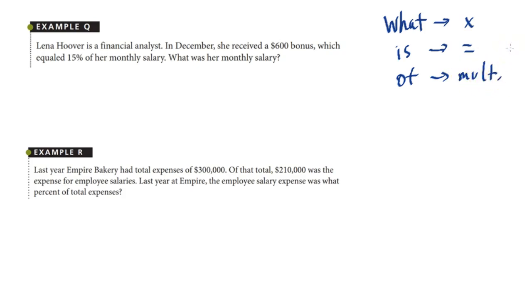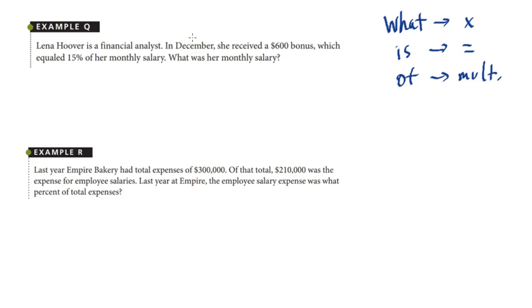Okay, so now we're looking at two application problems where it's not necessarily in that exact form we're looking for, but we have to read it and interpret it into a form similar to what we saw in the last video. Lena Hoover is a financial analyst. In December, she received a $600 bonus, which equaled 15% of her monthly salary.